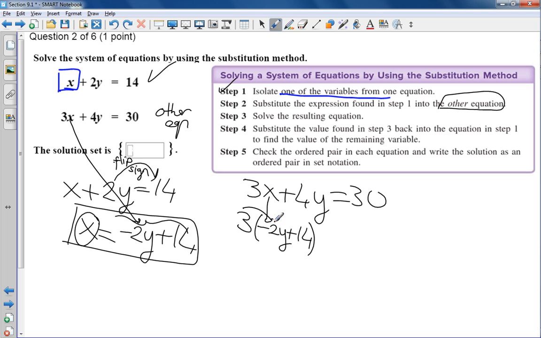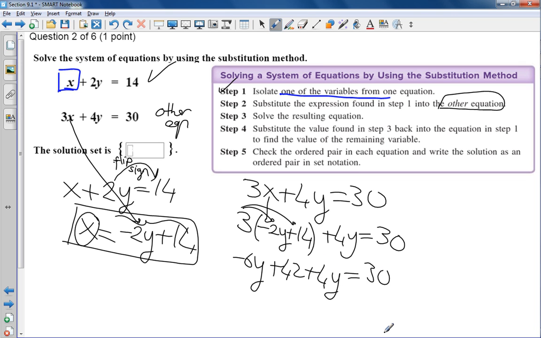It needs to be distributed later. As I said, I will distribute this. It's minus 6y plus 14. Is that so? No, 3 times 14. Not falling for that trick anymore.